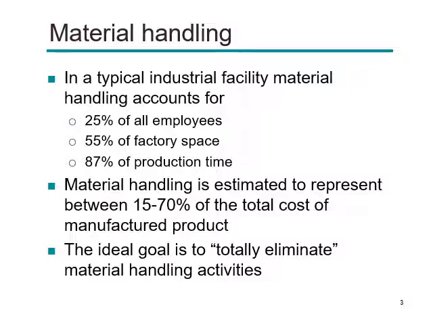Another important statistic is this: 87% of the production time of a part is spent in material handling. As I said, in different sectors and industries, these numbers may change, but it gives you an idea.